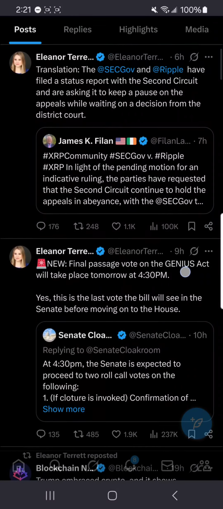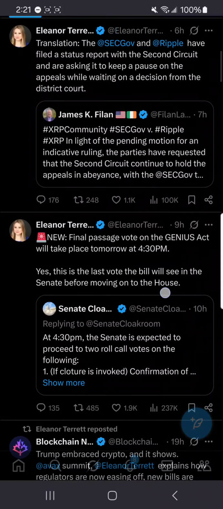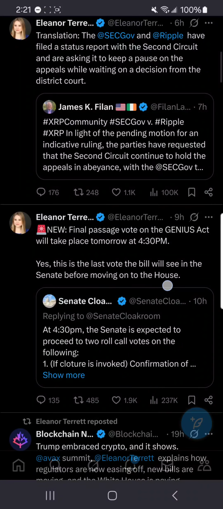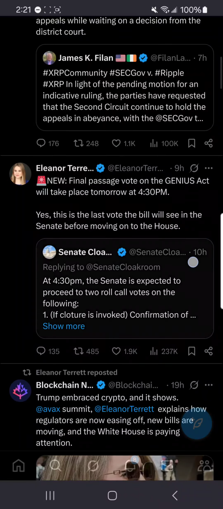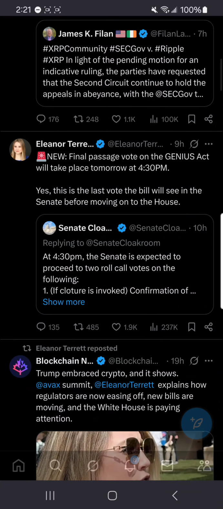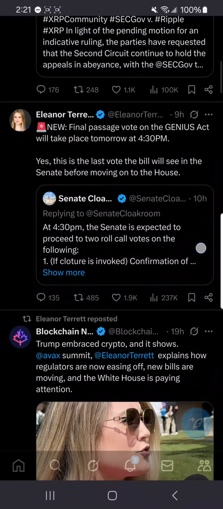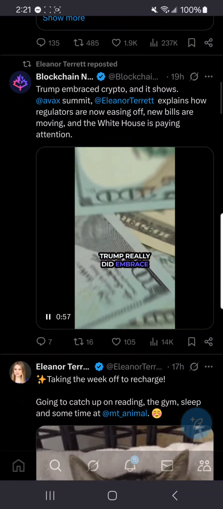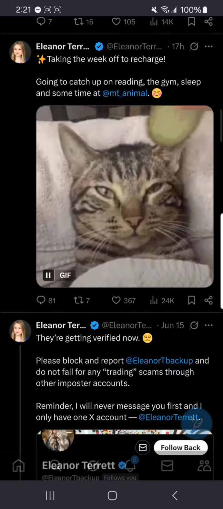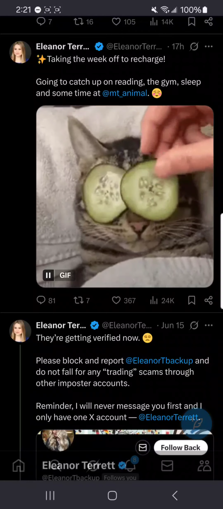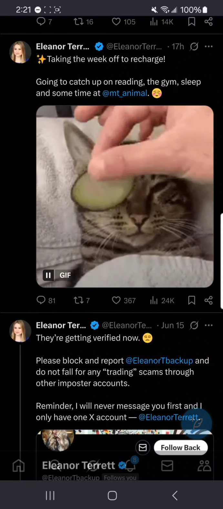She said here, new final passage vote on the Genius Act will take place tomorrow at 4:30 p.m. Proceed to 2 roll call votes on the following. 4:30 p.m. Is that Eastern time?